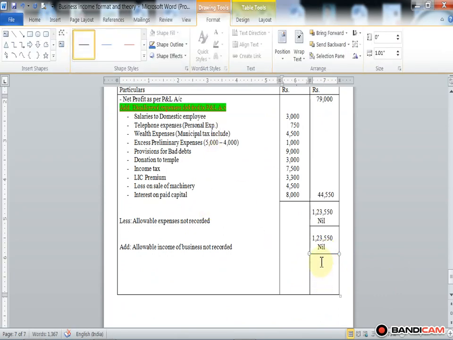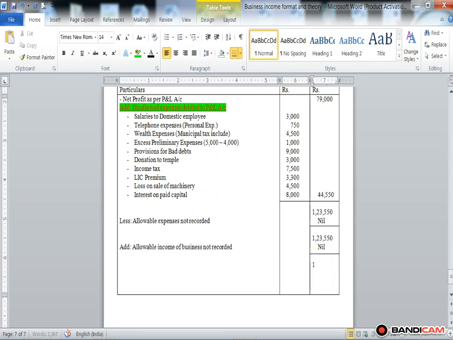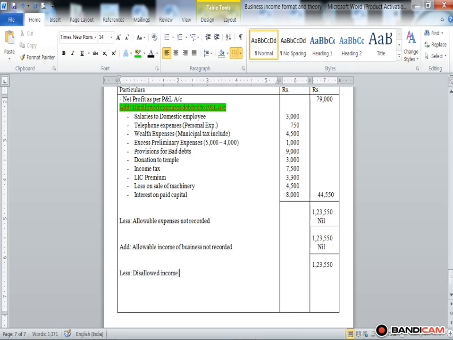23,550 is the total. So here 1,23,550. Then we deduct less disallowed income credited to P and L account, into bracket income chargeable under other heads.